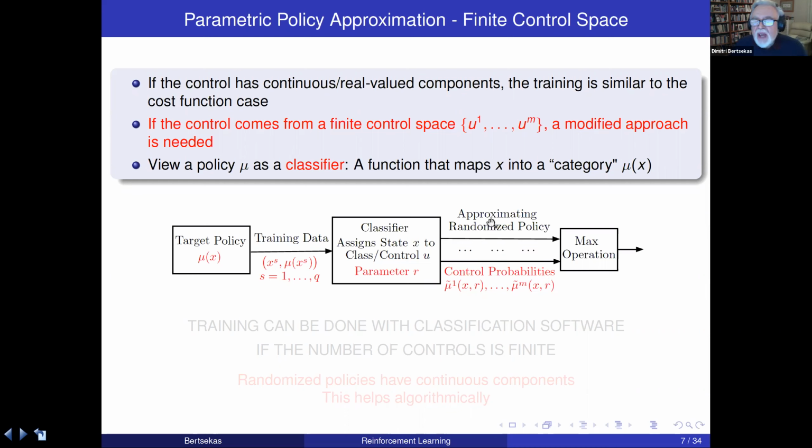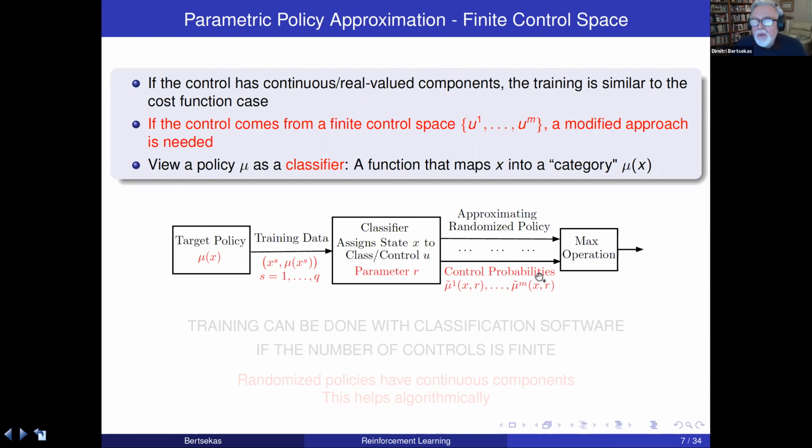So this idea of generating randomized policies through training is central in AlphaZero. It's common in reinforcement learning, and it's to a great extent due to the fact that a lot of classifiers prefer to produce probability distributions at the output rather than a single control.